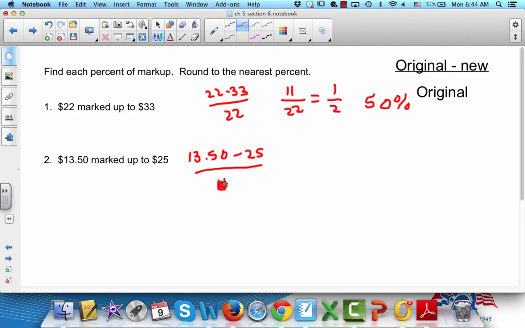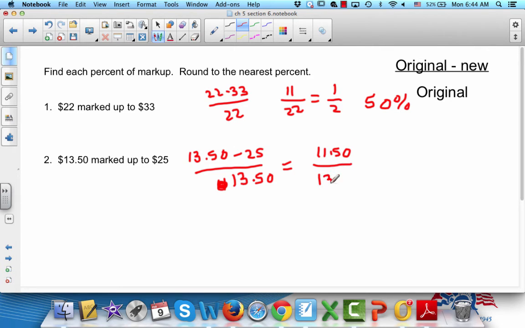Now, that's not what goes there. On the bottom goes the original price, which is $13.50. So you can get going too fast and make mistakes, even somebody who's been doing it for years and years. So that's a good lesson to learn, is to take your time and make sure you're doing things right. $25 minus $13.50 is $11.50.